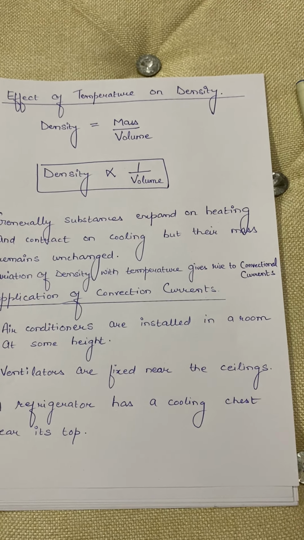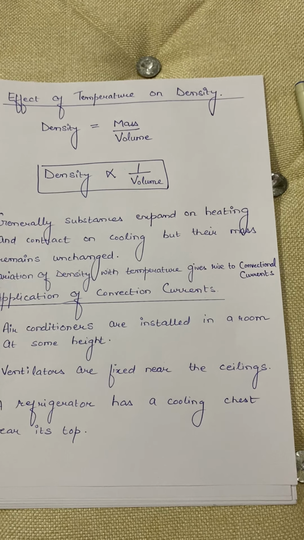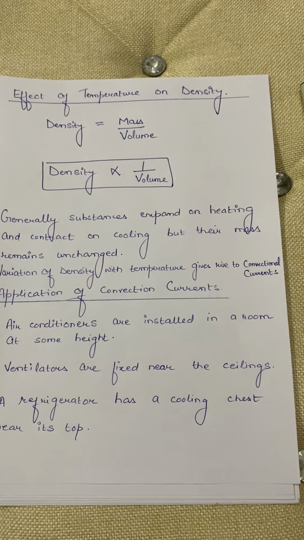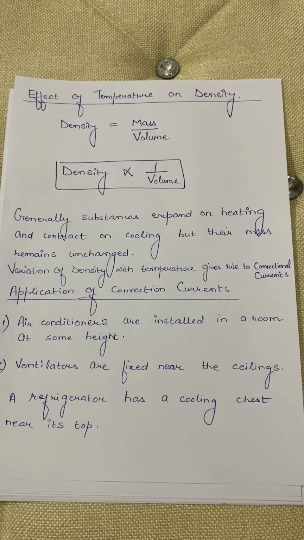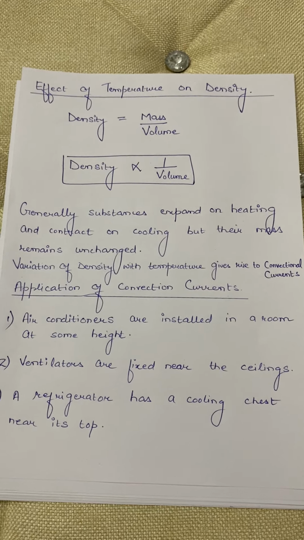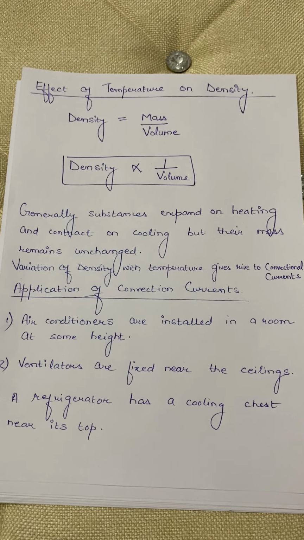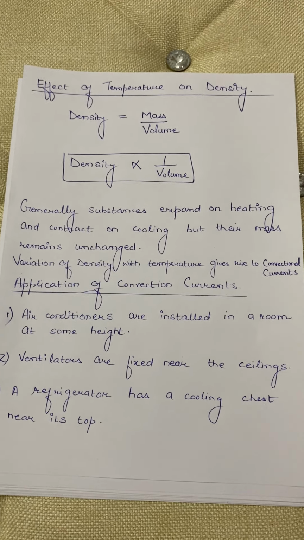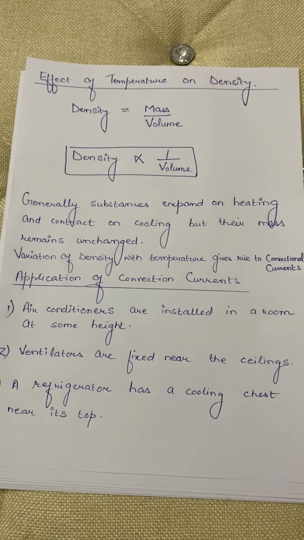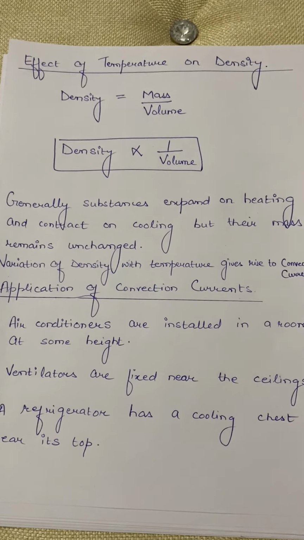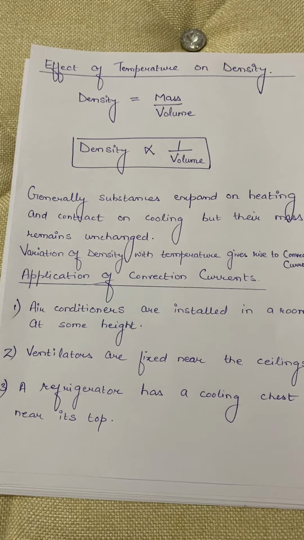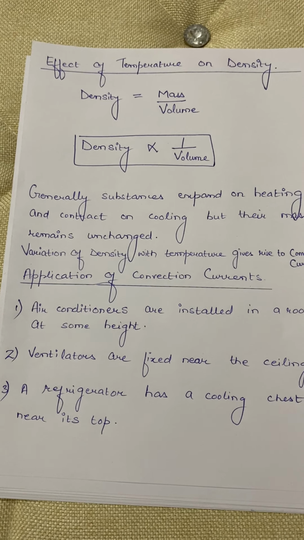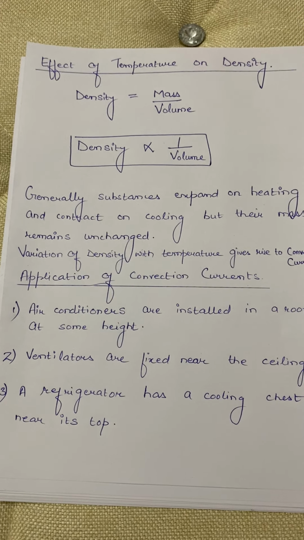So this circulation in the upward and downward direction will help in a better and faster cooling of the airspace inside that room. This is the reason why air conditioners should be installed at a particular height inside a room, so that convection currents can help in a better and faster cooling of that space.